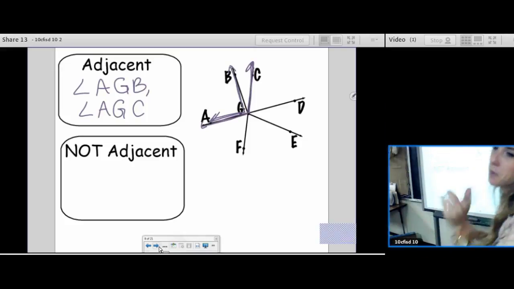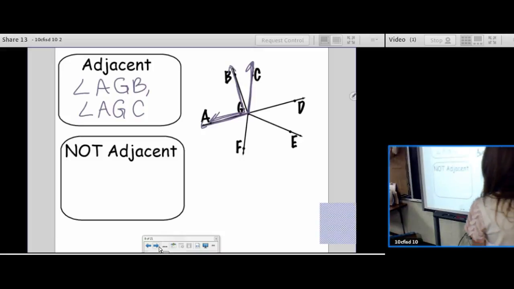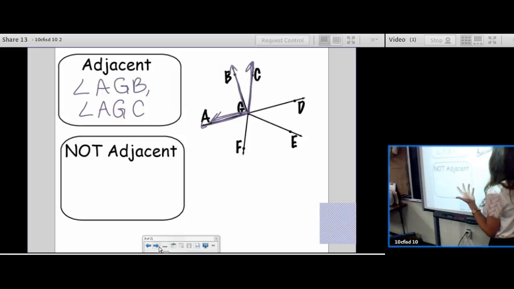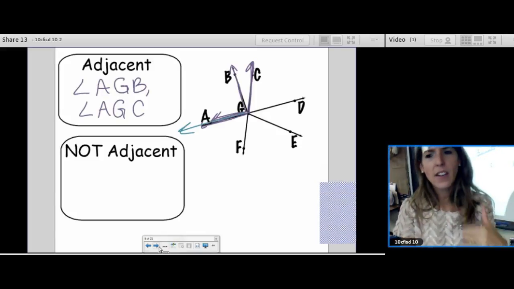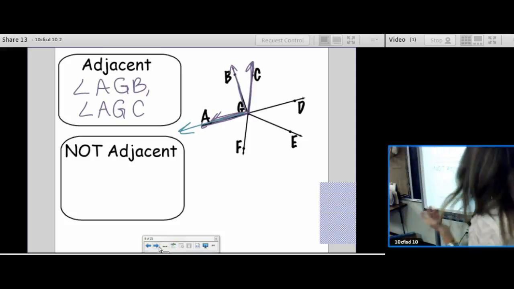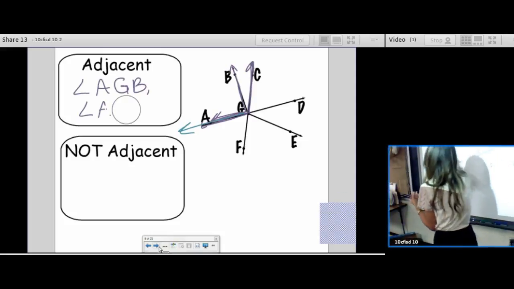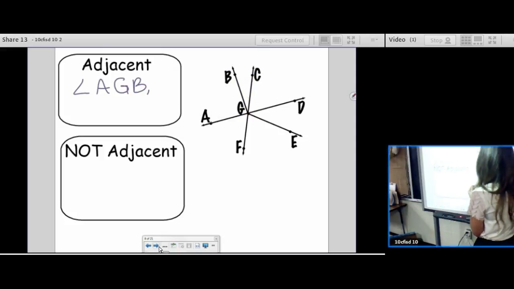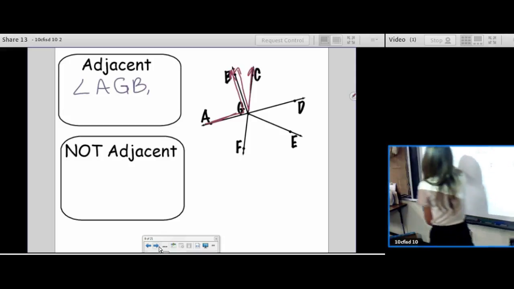So although this wasn't what the student wrote because I wrote it down wrong, would these 2 be adjacent angles? This one and this one. But they're sharing a ray. They're sharing one ray. But why are they not adjacent? They have interior points in common. Very good. Okay, what the student really wrote was AGB and BGC.